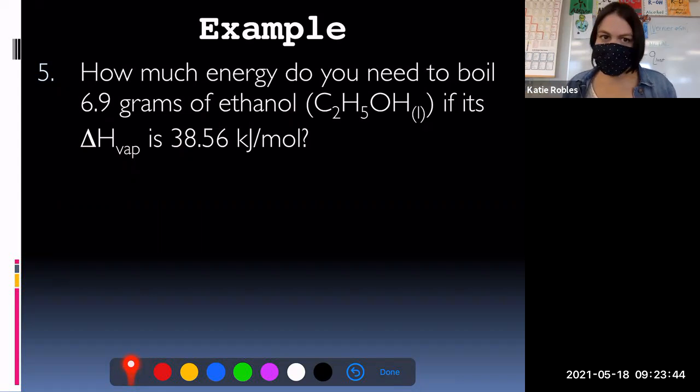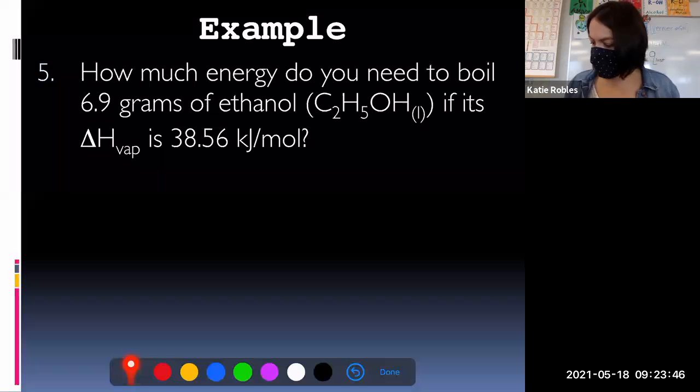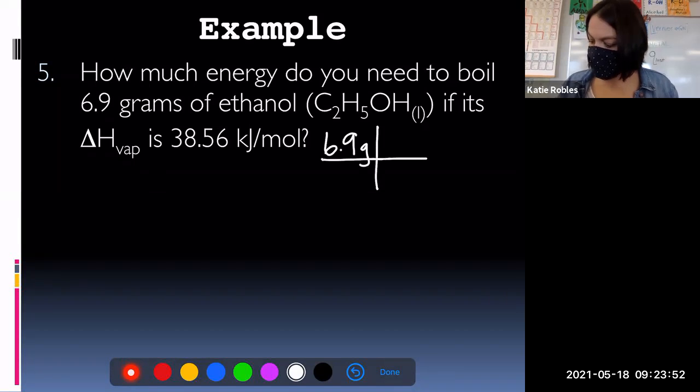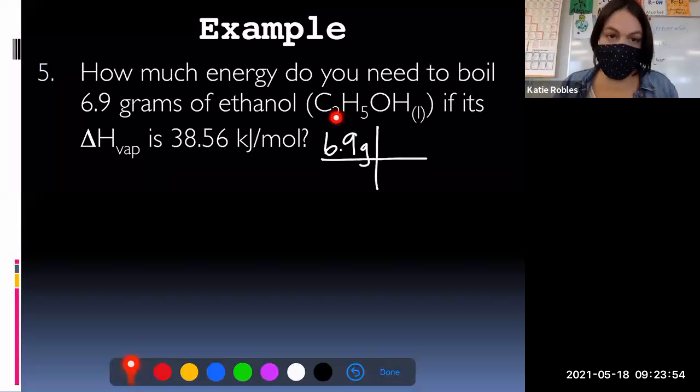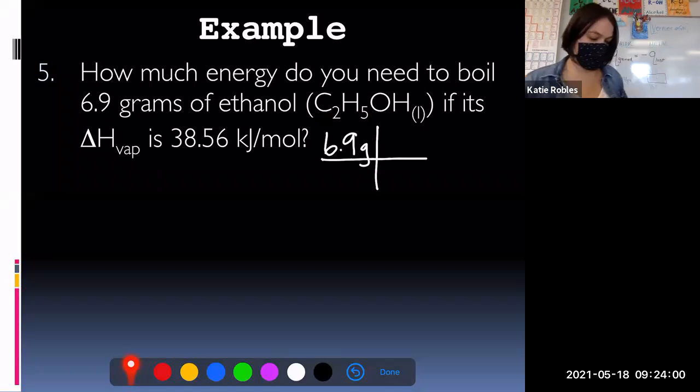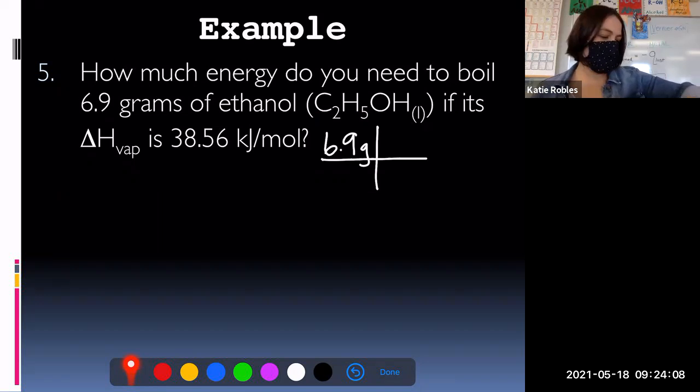Step one, you've got to convert the grams to moles, right? So you've got 6.9 grams, and then you have to figure out the molar mass of ethanol. There's 2 carbons, there's 5 hydrogens, there's an oxygen, and there's a hydrogen. Nowadays, you can just say, hey, Siri, what's the molar mass of ethanol?